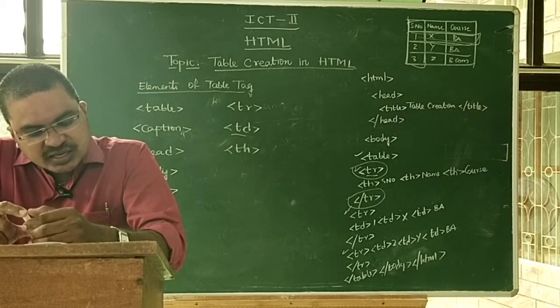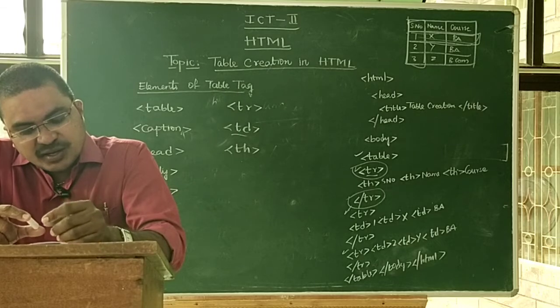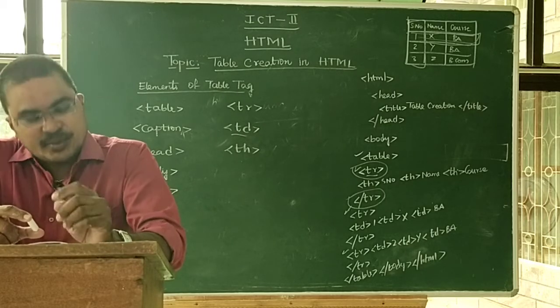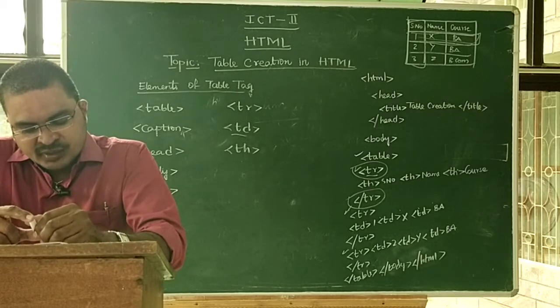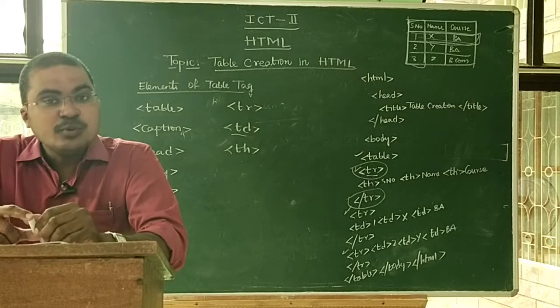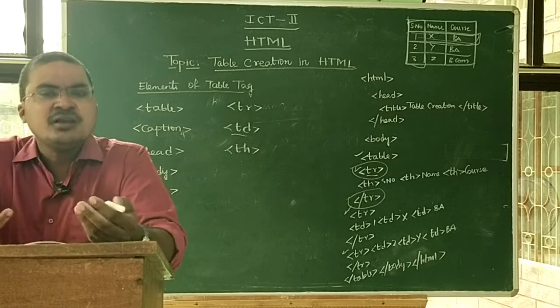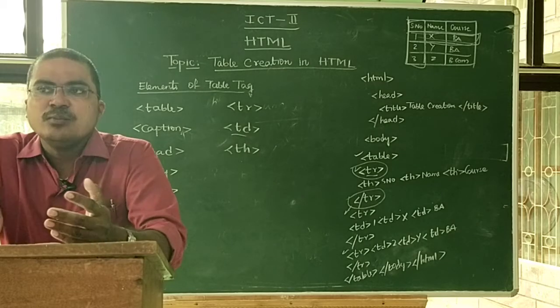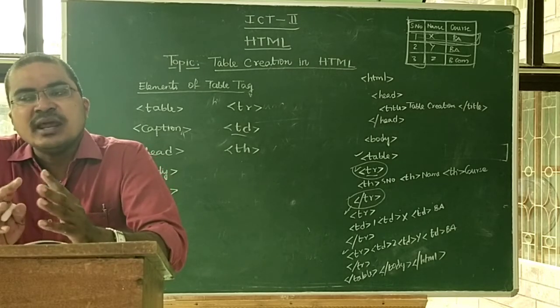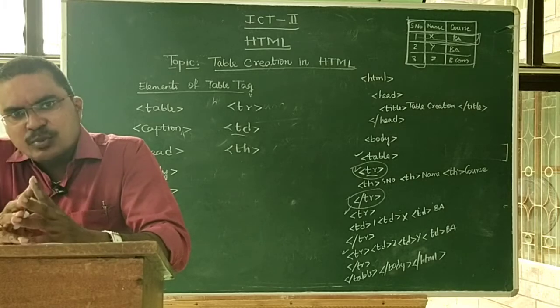TH is used to create a table header displayed in bold style. And TD, called table data, is used to display the table data in normal font. That is the difference.